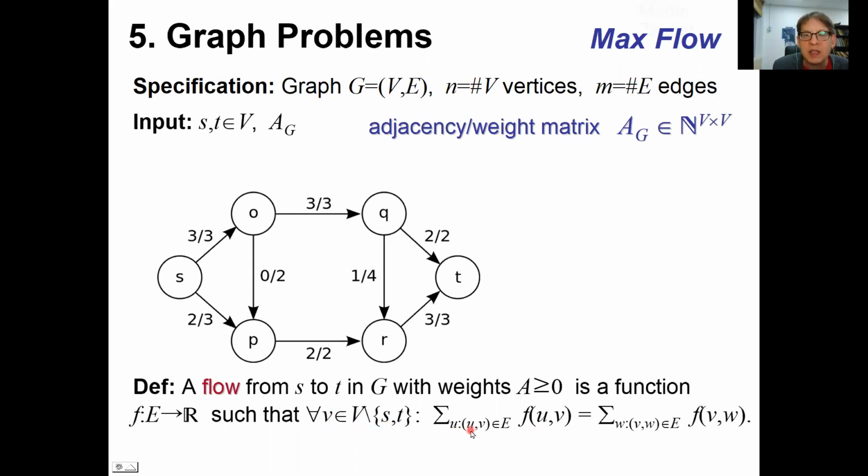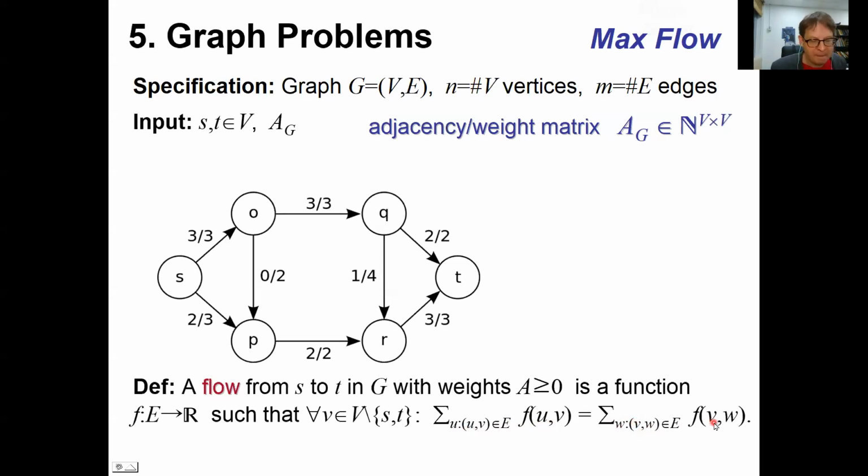Everything that enters vertex V through some vertex U connected to V in the direction, remember, this is our terminology for directed edges, from U to V, anything that enters in that way must also leave from V through some neighbor vertex W and directed edge from V to W.